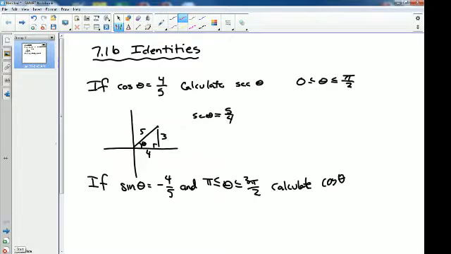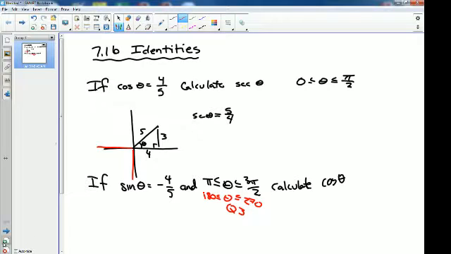A little bit more information. Can you tell me what quadrant we're in? Yeah, this is if you're still thinking in degrees, it's quadrant 3. So we're in here.